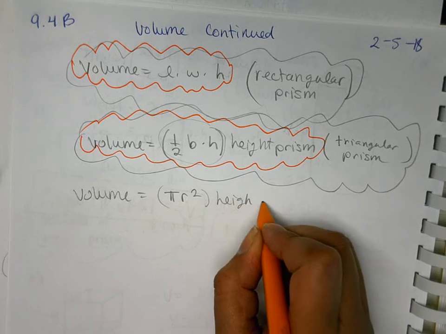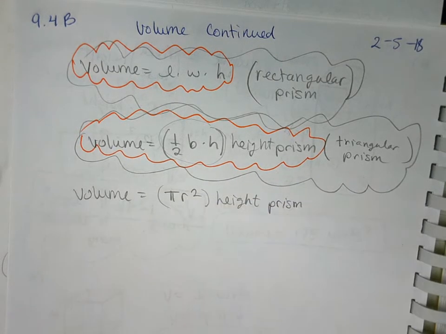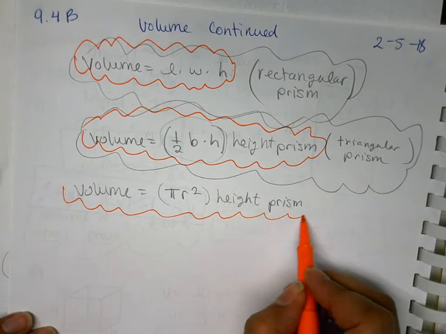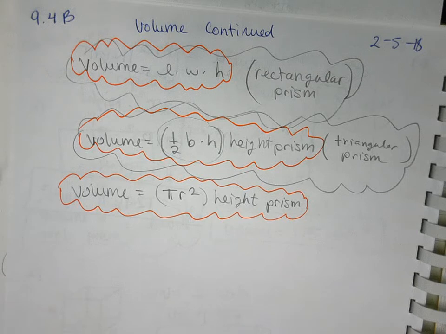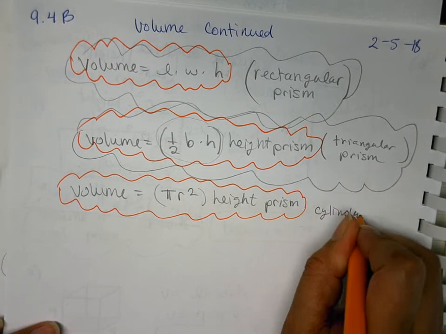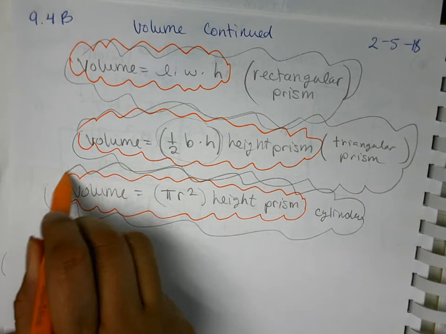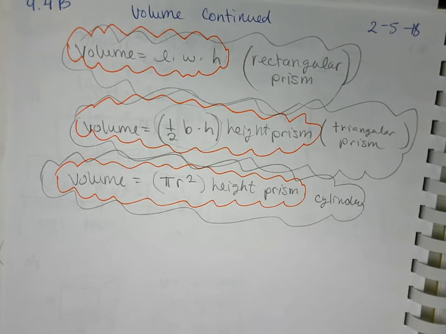All right, what if it is a cylinder? Pi r squared times height of the prism. And this is used on what? All right.